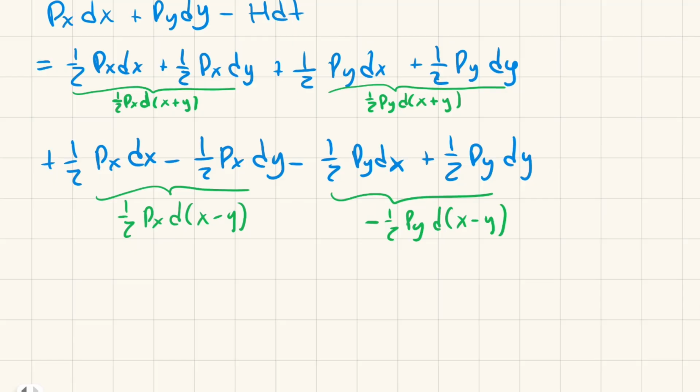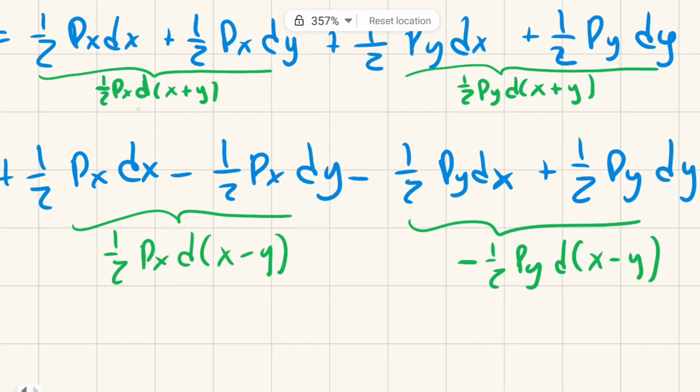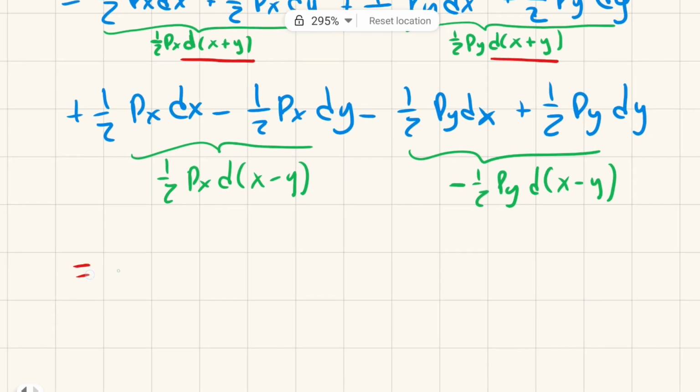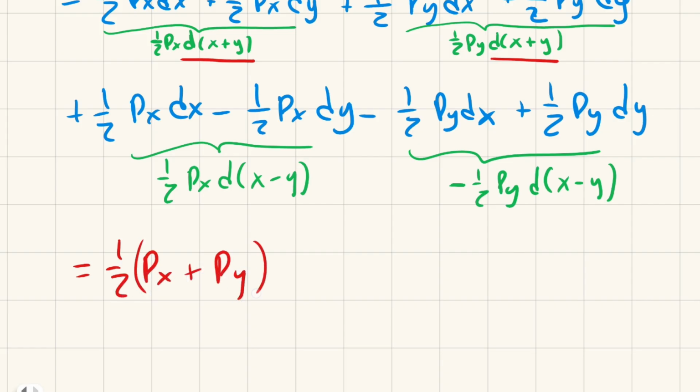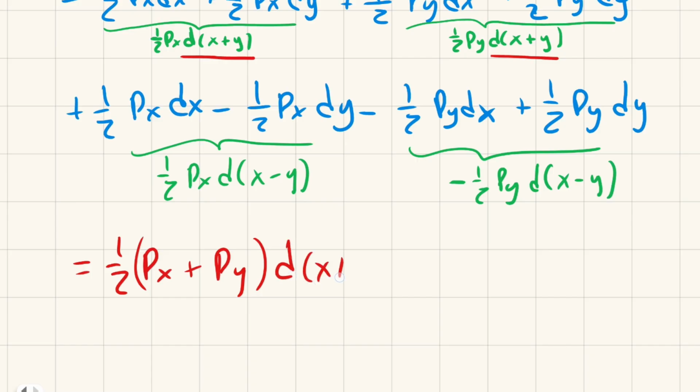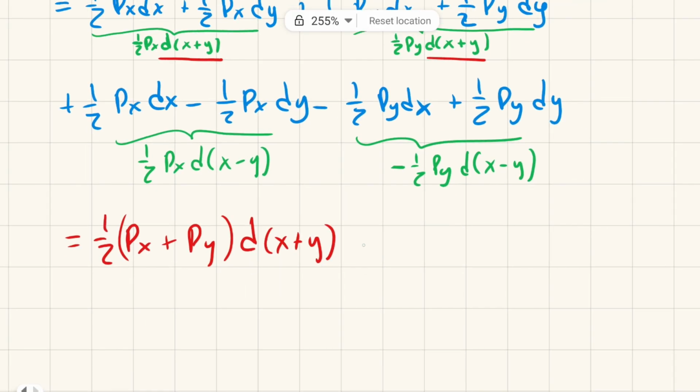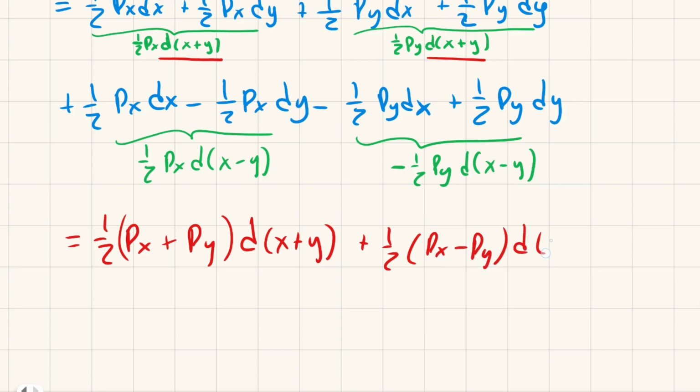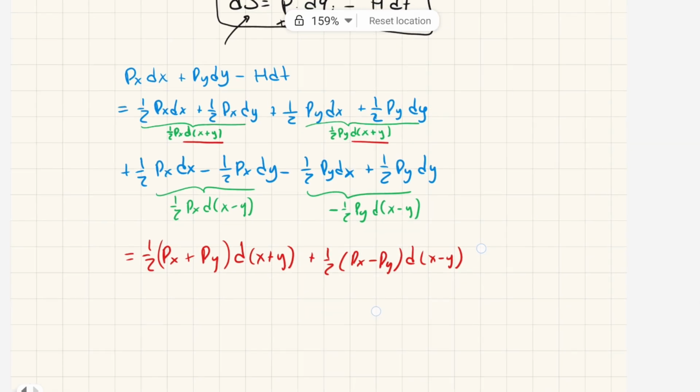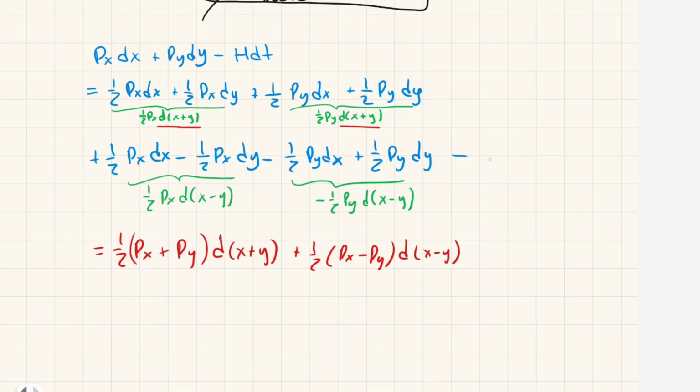And now with this, we can take a common factor d of x plus y here and here to get that this is equal to 1/2 px plus py, and then d of x plus y, and then we will have plus 1/2 px minus py d of x minus y. And then I forgot to subtract minus h dt here, and then minus h dt.